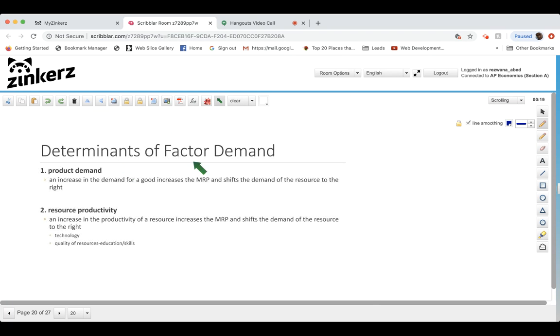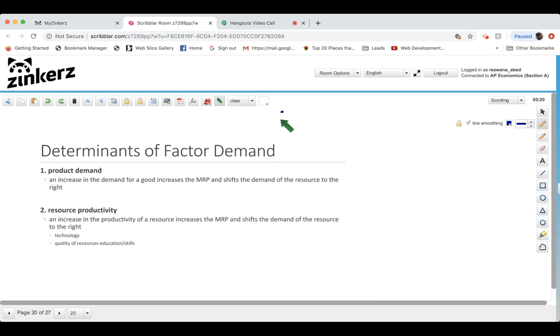Okay, so first thing that we're going to discuss, there are three things that determine a factor demand. The first thing is product demand. We can also think of this as derived demand.